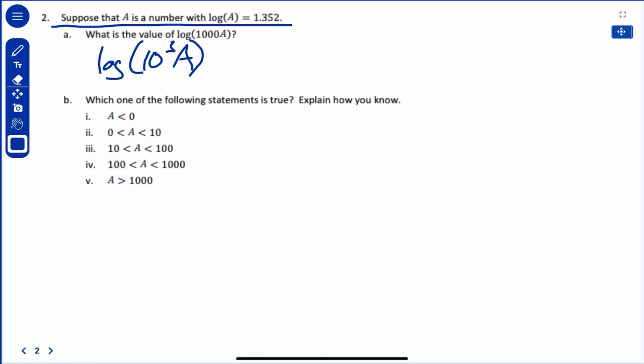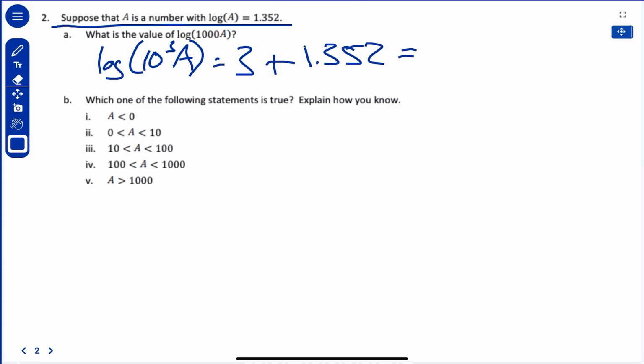Now, we just did log 10 to the third. Well, what is that? That's 3. So this is equal to 3 plus what? And what is log A? 1.352.